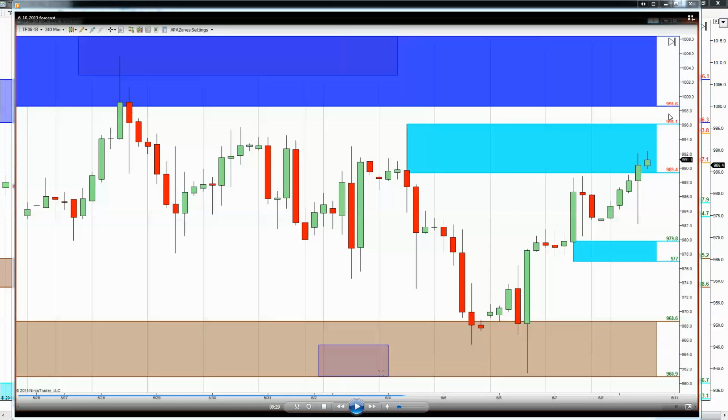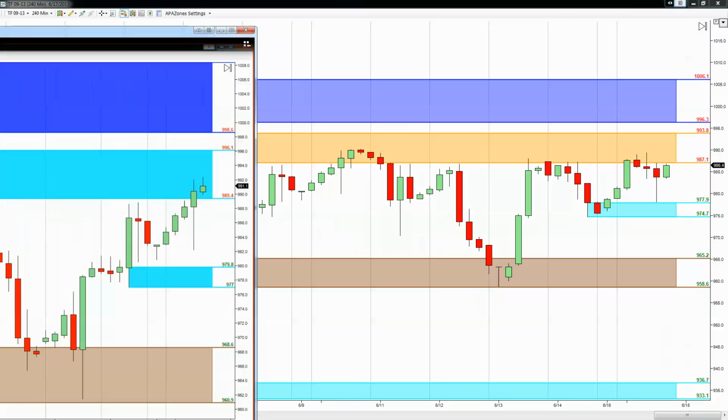We were watching the 96.91 level for resistance, as well as the 96.86 level for a good area of support or demand, if you will. These were the levels that we were watching, and now let's see what has happened since then.